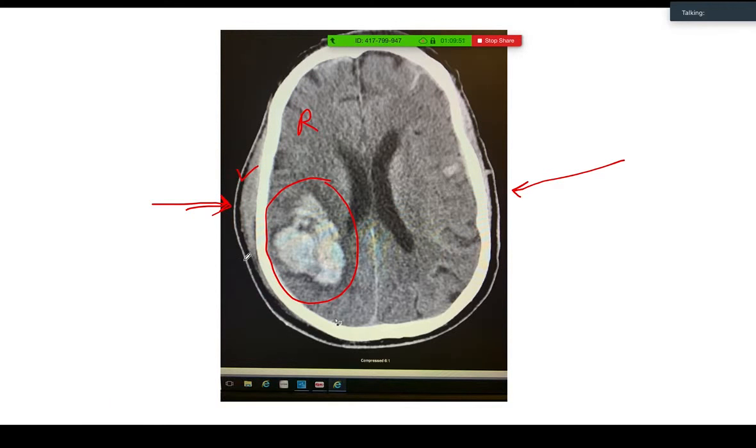So, our assumption of what happened here is that we talked about how in patients with hypertension, there's an artery in our brain called the middle cerebral artery, and that middle cerebral artery gives off a bunch of tiny little arteries called lenticulostriate arteries, right? And what can happen is that we can get tiny little aneurysms in these lenticulostriate arteries.